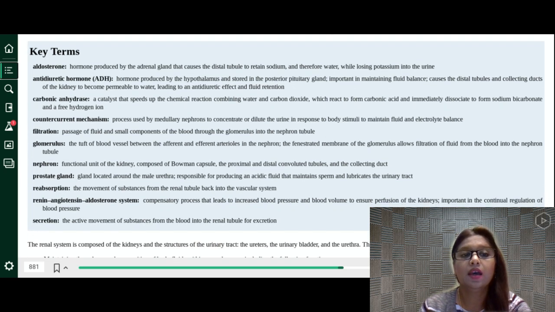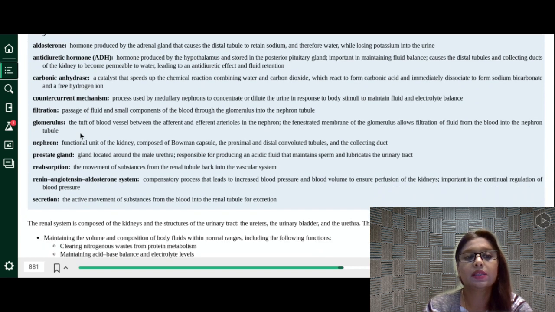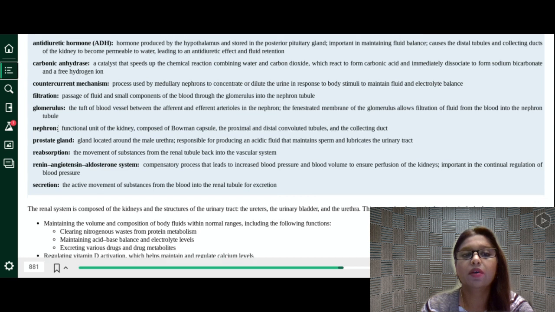Then filtration. The kidneys perform the function of filtration. They filter the blood and produce urine. Next one is glomerulus. What is glomerulus? We're going to look at a picture and find out. It is a part of the nephron, which is basically the one-cell unit of the kidney.